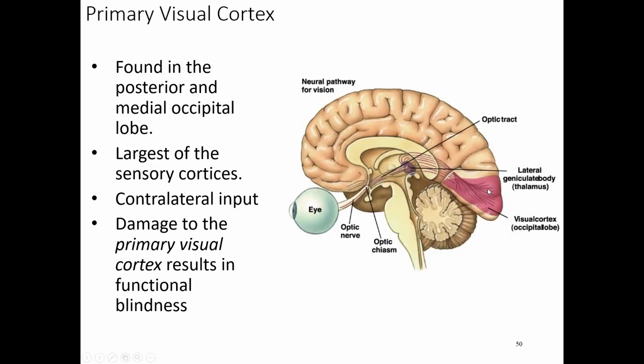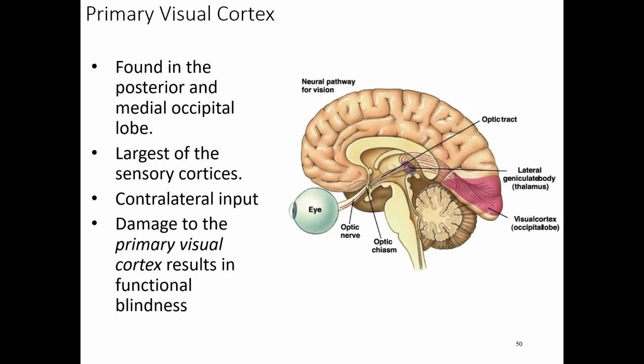Once the information gets back here, all those action potentials are now received in the occipital lobe. But again, they don't mean anything yet. They're still just action potentials. It is this massive association area surrounding the visual cortex that tells us what we're seeing.